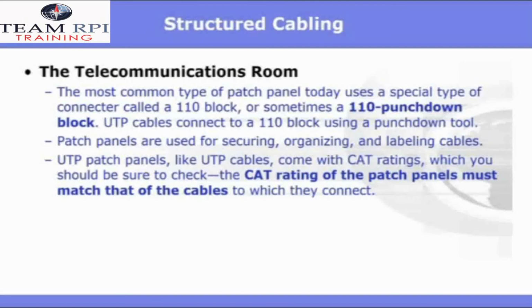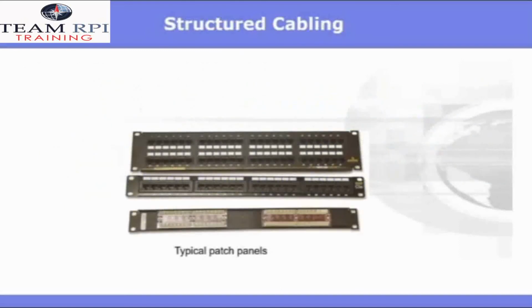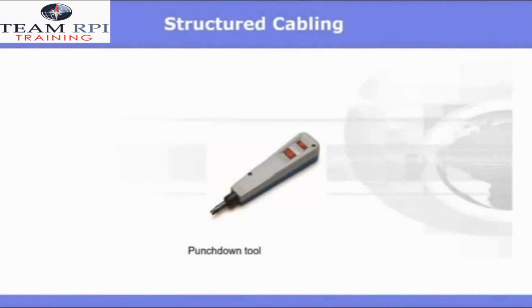These also come in CAT ratings just like the cabling does, and the CAT rating of your punch-down block must match the CAT rating of the cabling that you're using. To connect your Cat5 cabling, you're going to use what's called a punch-down tool.